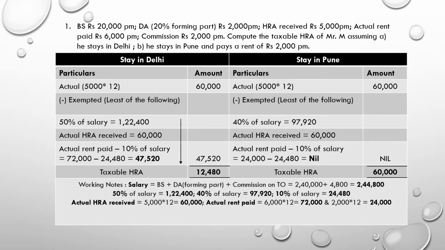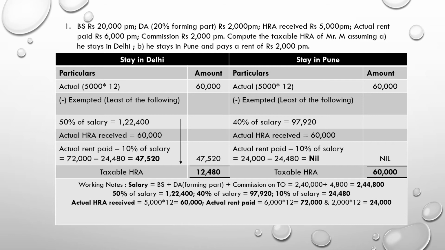Here, basic salary is 2,40,000 plus DA. 20% enters into retirement benefit, and so DA forming part is only 4,800, and we do not add commission on turnover because the commission given in the problem is only commission and not on turnover.